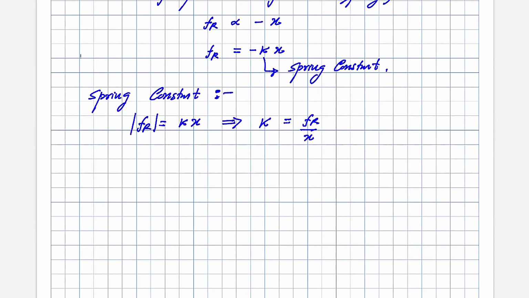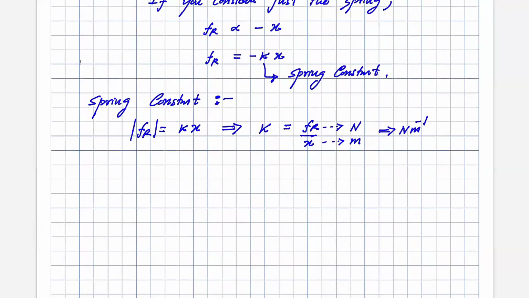Now, if you think about the SI units, force is given in newtons, x is given in meters. So this is going to be newton per meter. So K is given in newton per meter, right? So that is how you find the spring constant.